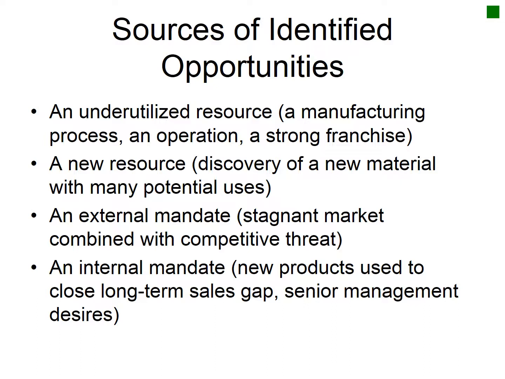Moreover, and finally here, we have internal mandates as well. So there may be opportunities that we have, maybe on a platform, for instance. We may have a platform of products that are underutilized. I might be able to find new uses for my products if I adapt them and change them a little bit.